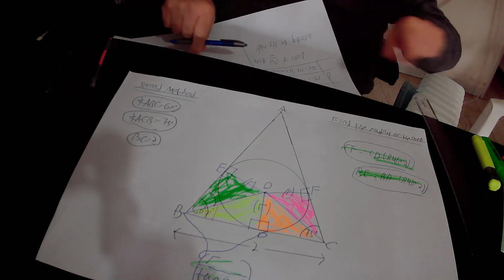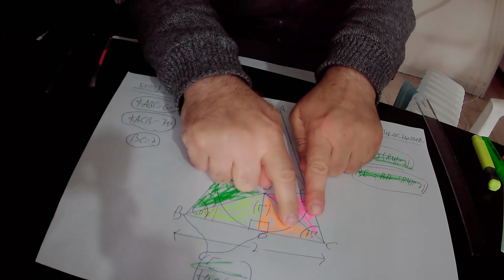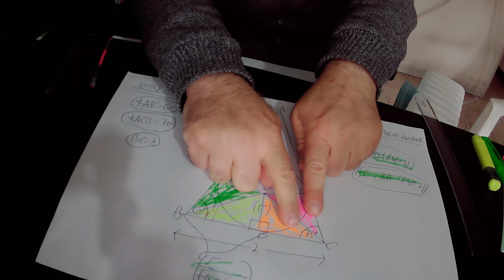And from the fact that those two triangles are congruent, we derive that those two angles are also equal to each other.